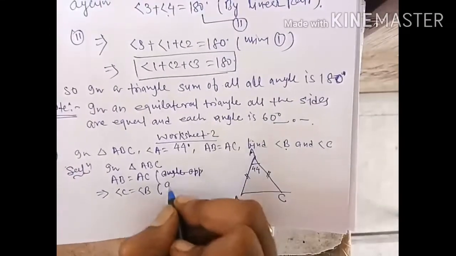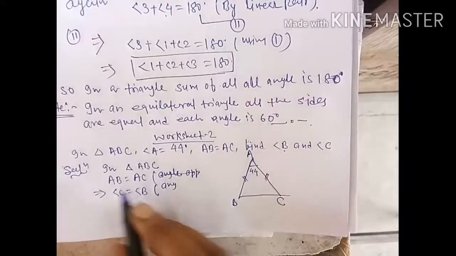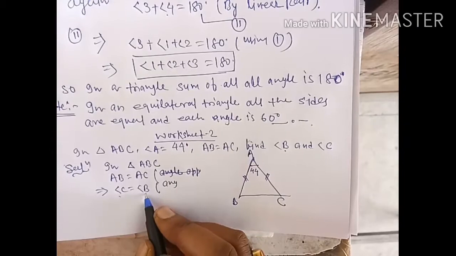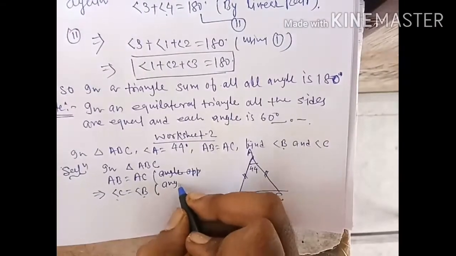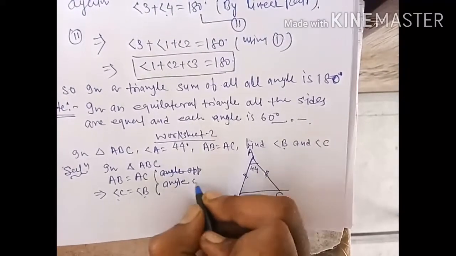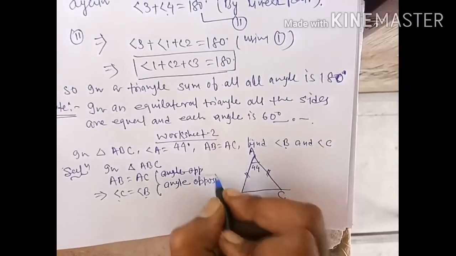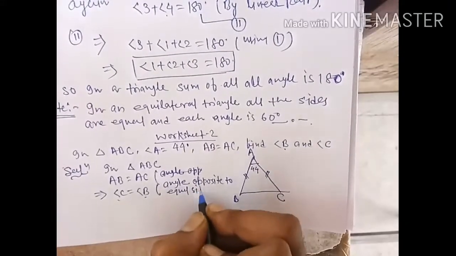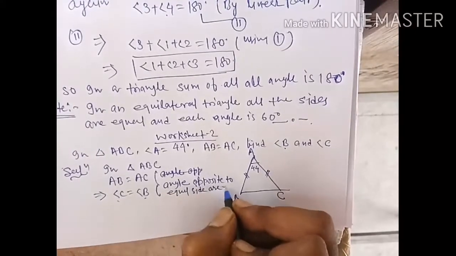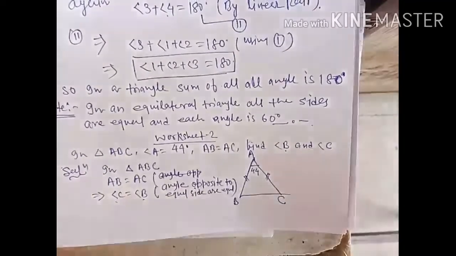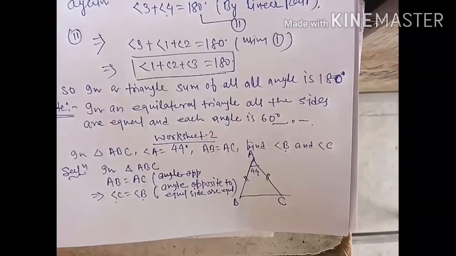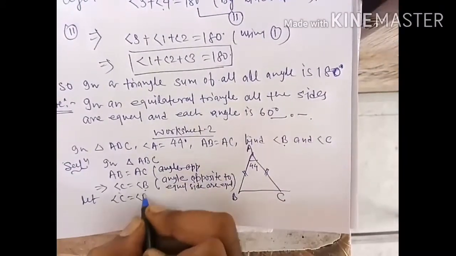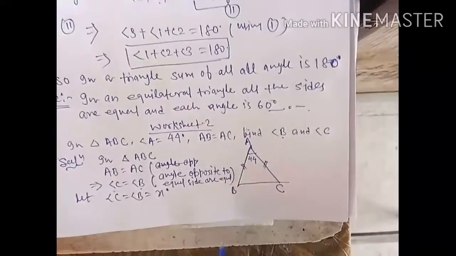What will we write? By which property? If AB is equal to AC, then angle C is equal to angle B. By which property? Angles opposite to equal sides are equal. Let angle C is equal to angle B is equal to x degree.